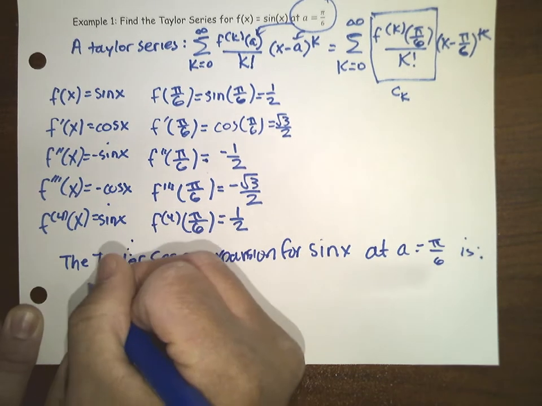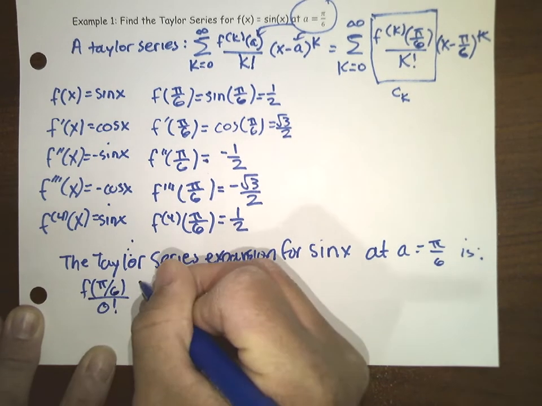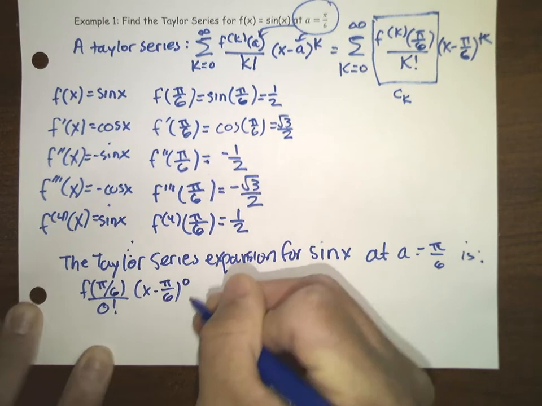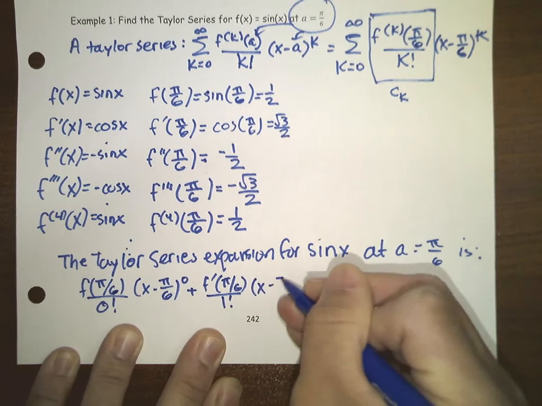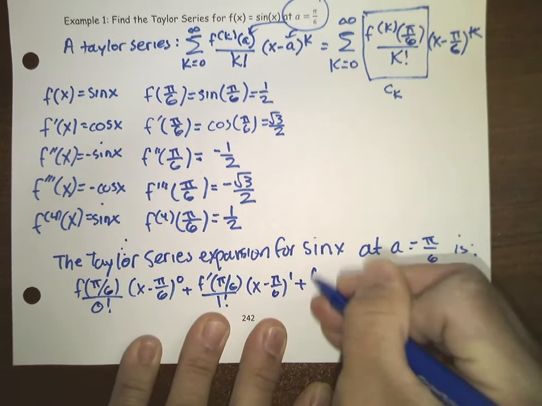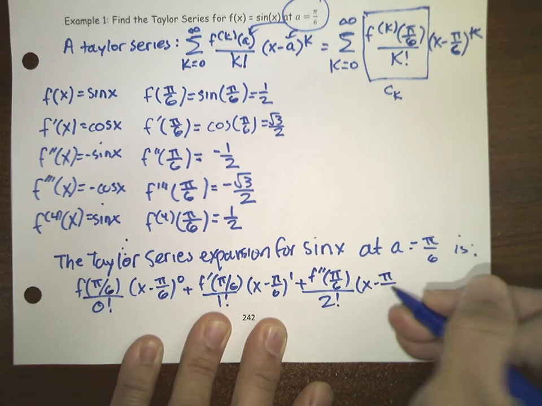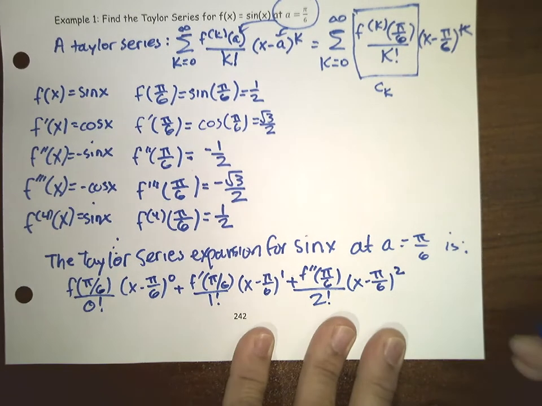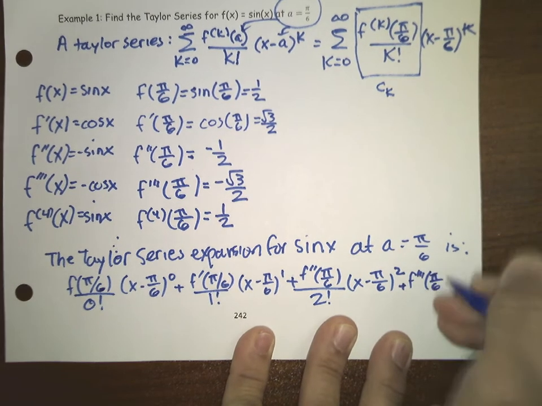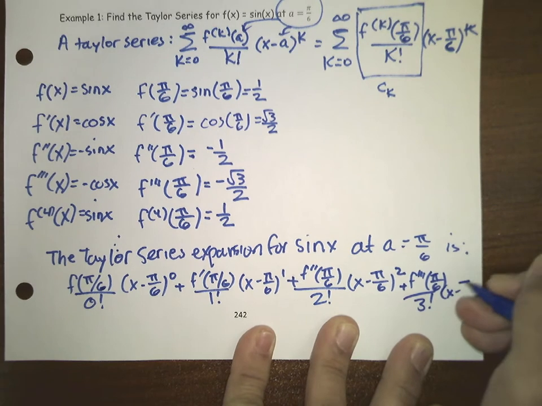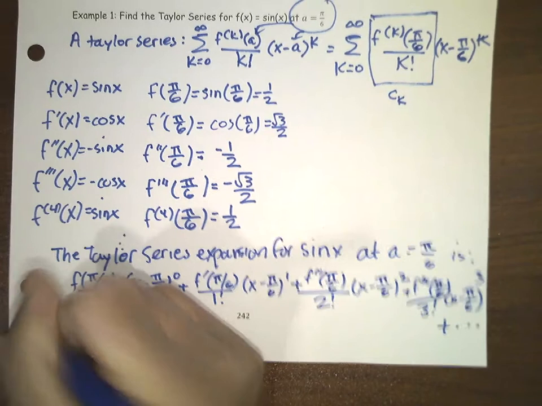So it will be f of pi over 6 over 0 factorial, then x minus pi over 6 to the 0, plus f prime of pi over 6 over 1 factorial, x minus pi over 6 to the first, plus f double prime of pi over 6 over 2 factorial, x minus pi over 6 squared, and then keep on going. Oh, we'll do one more. So f triple prime of pi over 6 over 3 factorial, x minus pi over 6 to the third, and so on. All right. So now let's simplify this.